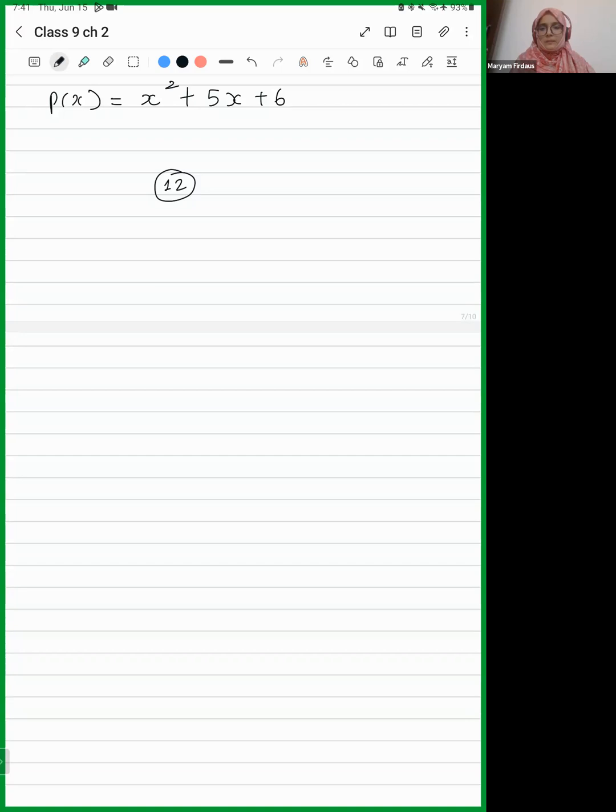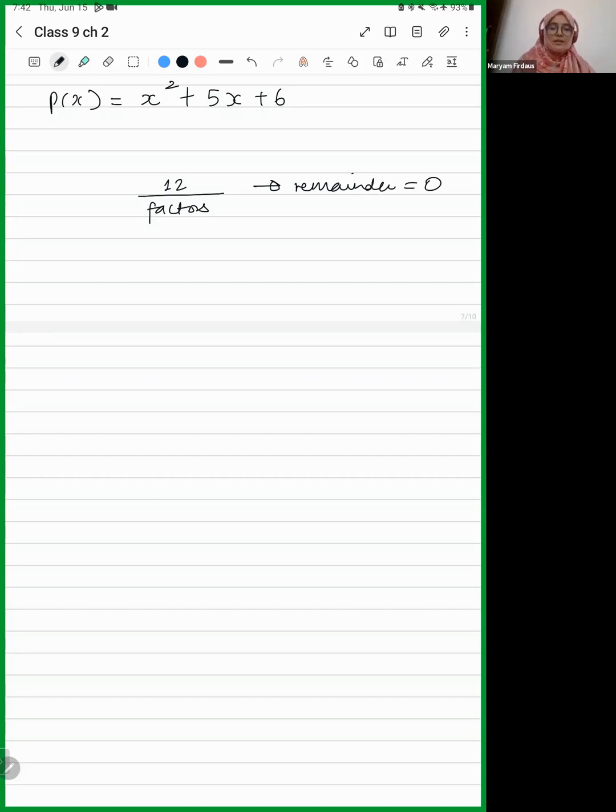Ma'am, if you divide it by 4, it's going to be 3. I'm not asking the quotient. I'm asking what will the remainder be if you divide the number 12 by any of its factors. Yes, that's right. The remainder will be 0.